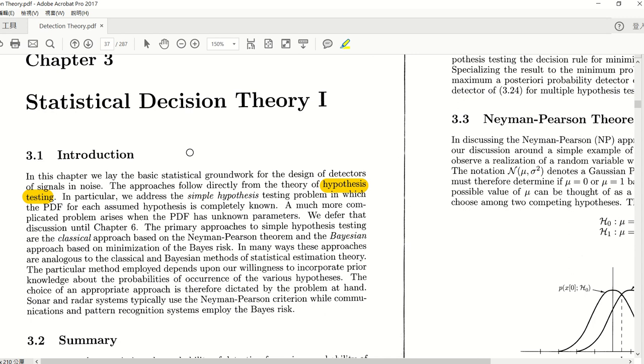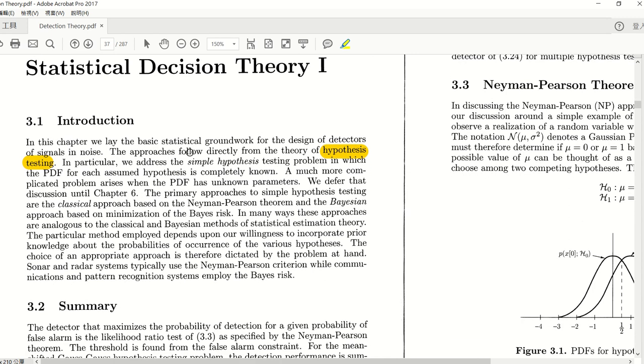Okay. All right. So we will address the simple hypothesis test problem, in which the PDF for each hypothesis is known. Because generally speaking, there are a lot of different types of detection problems.